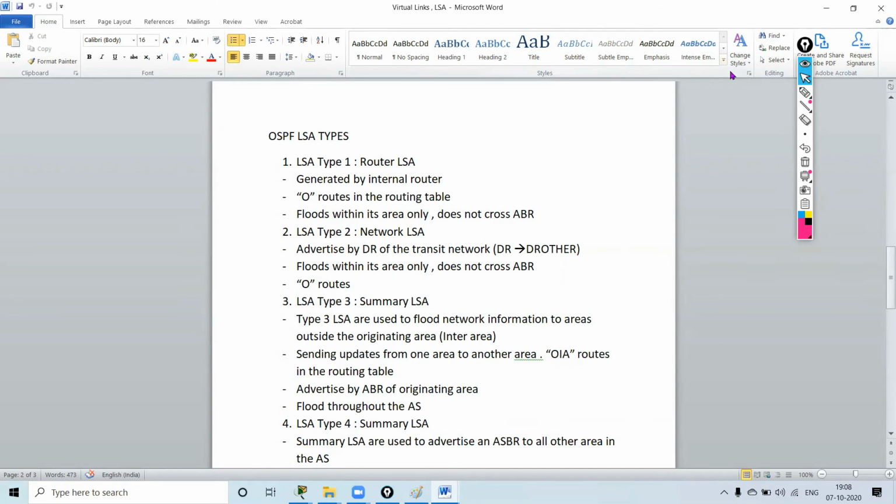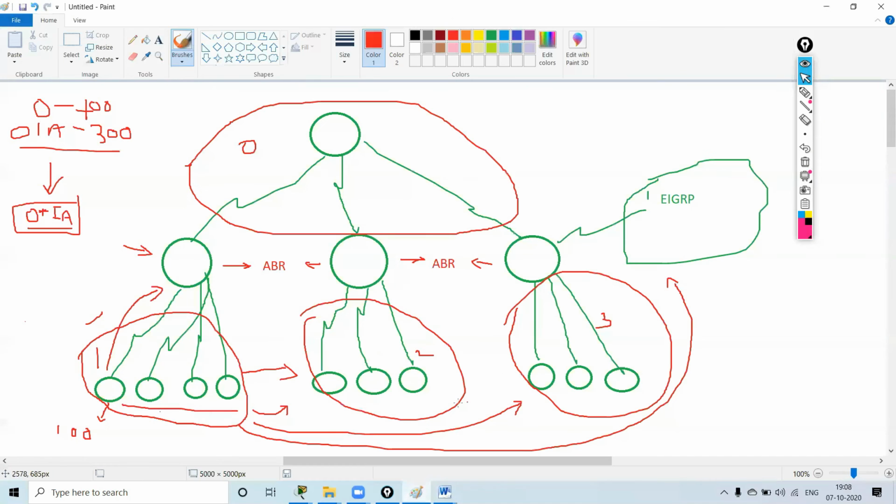Now you know E1 and E2 routes. What are E1 and E2 routes? External LSAs are stopped, the E1 and E2 routes. Have you heard about E1 and E2 routes? No. See, whenever you redistribute anything inside OSPF, suppose I am redistributing EIGRP inside OSPF, these routes will be known as either E1 routes or E2 routes.